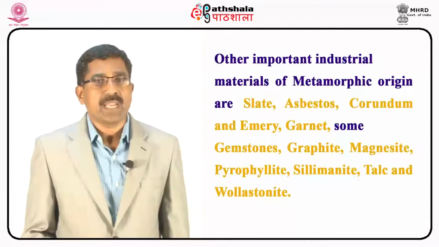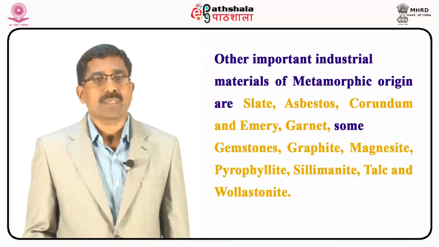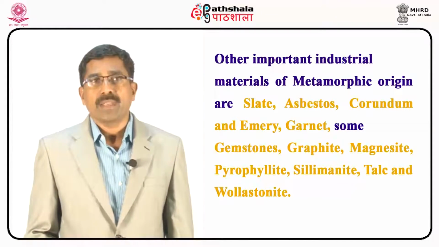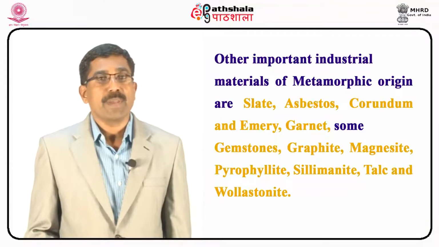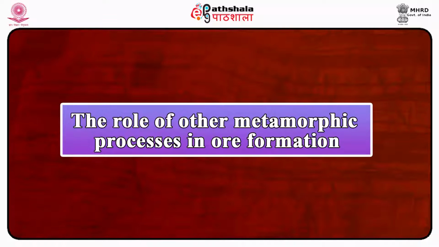Other important industrial materials of metamorphic origin are slate, asbestos, corundum, emerald, garnet, some gemstones, graphite, magnesite, pyrophyllite, sillimanite, talc and wollastonite. Allochemical metamorphism may accompany contact or regional metamorphism. In the former case, in particular, it may lead to the formation of skarn deposits carrying economic amounts of metals and industrial minerals.